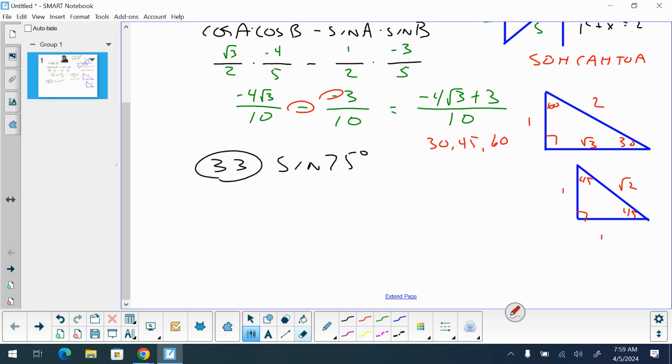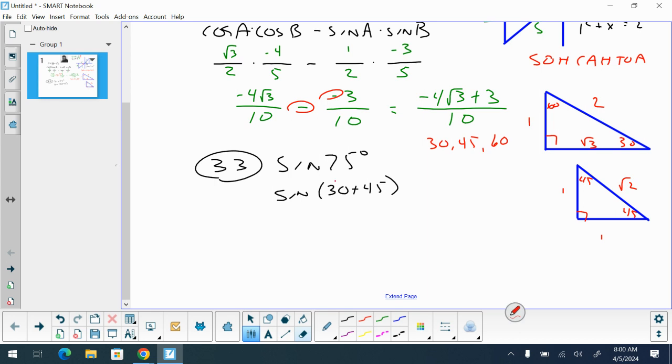So what we want to do is find 2 of those numbers that we can either add together or subtract to get 75. Victoria, what can we do? 30 and 45. 30 and 45, we can do what with them? Add them. So we have the sine of 30 plus 45, because that is equal to 75.